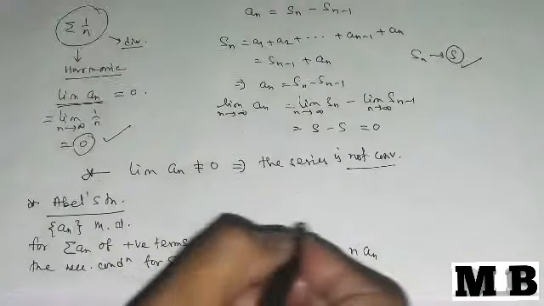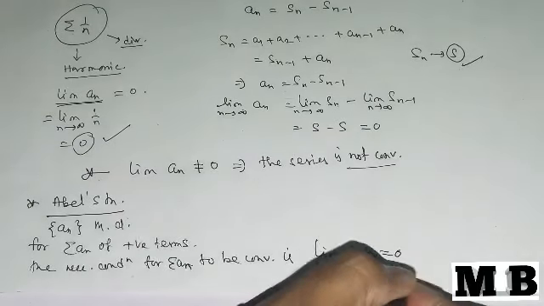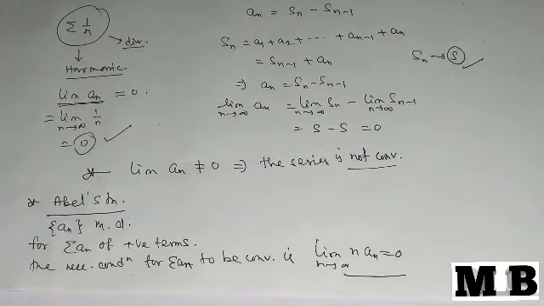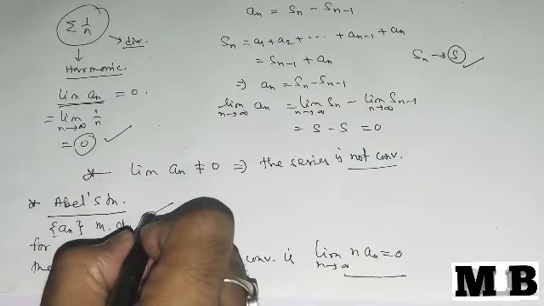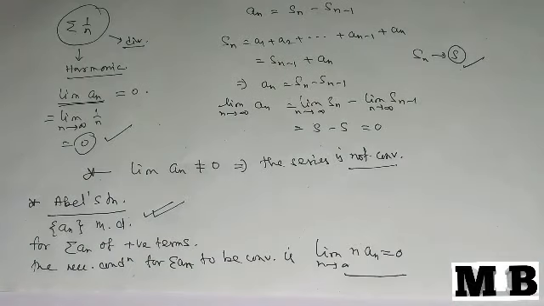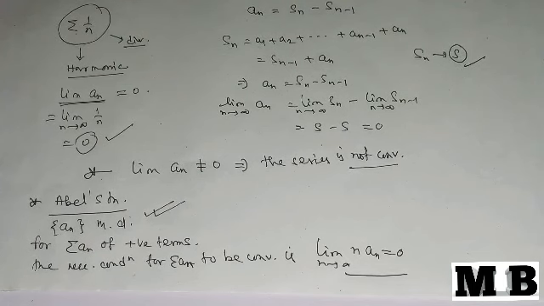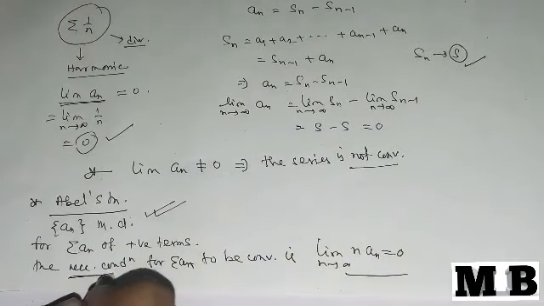This limit should be equal to 0. So this is the necessary condition. But take care of these two requirements: first of all, the sequence an should be monotonic decreasing, and this series should be a series of positive terms. Correct? It is again a necessary condition.